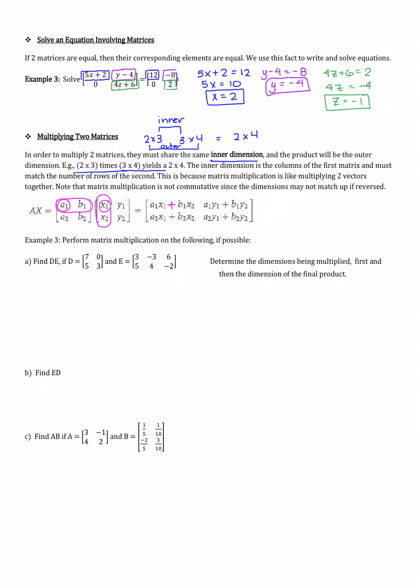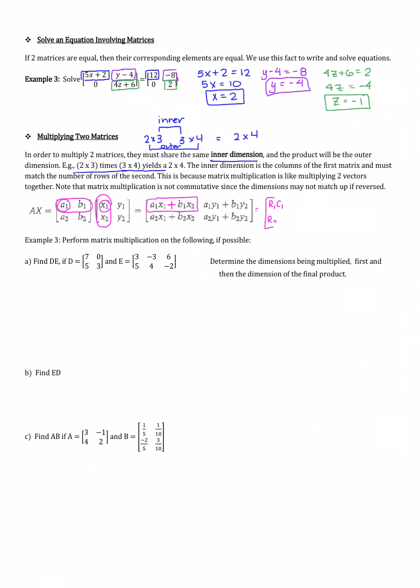Row 1 is getting multiplied by column 1, and that is what is represented here, where I would have A1 times X1, and then you add after you do your multiplication.